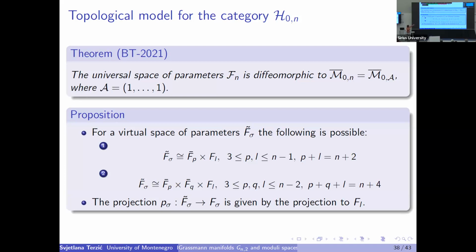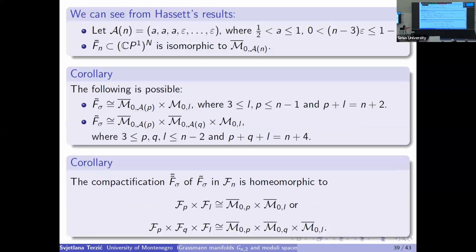Any virtual space of parameters is homeomorphic to F p bar, where F p bar belongs to CP1 on P times Fl, in the following way, and the projection is given by the projection to Fl. And then further, our space Fn bar, with which we started in the space of wonderful compactification, we can see from Hassett's examples and description that it is isomorphic to the weighted moduli space of weighted curves M bar 0 A n.